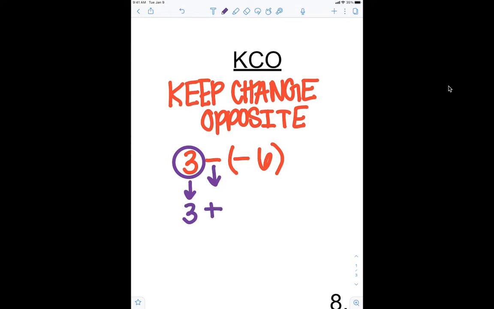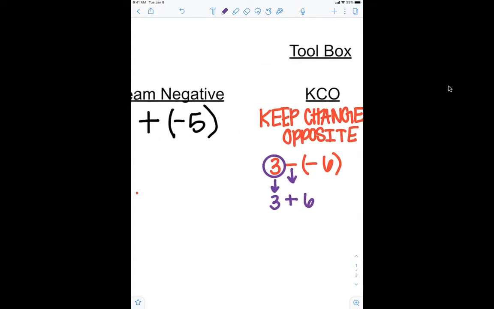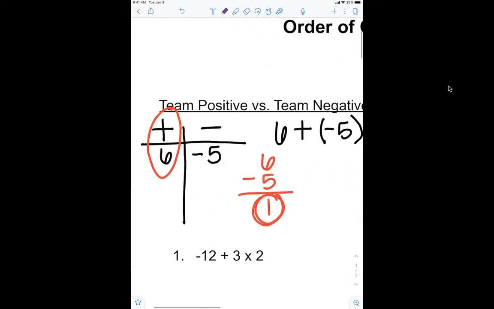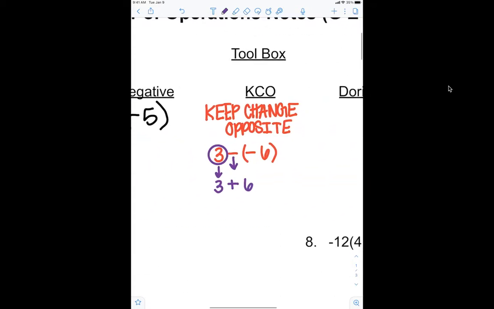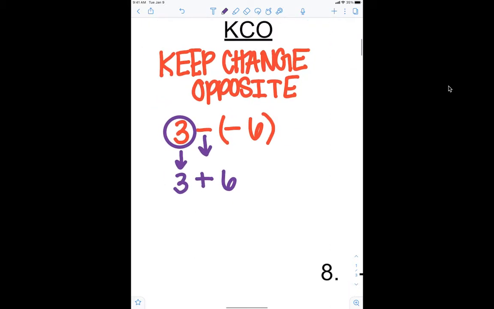Since this is a -6, I get to change it to a +6. Now I do this problem, and you can use team positive, team negative if you need it. This one we don't need it because it's just like adding regular old positive integers like you did back in elementary school. So 3 plus 6 is 9. That would be our final answer.